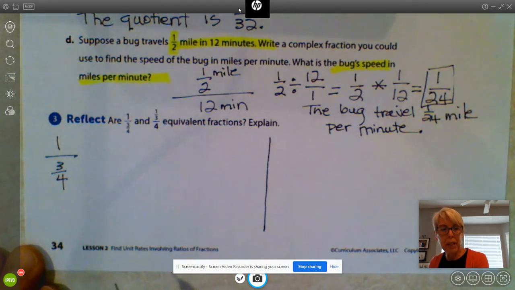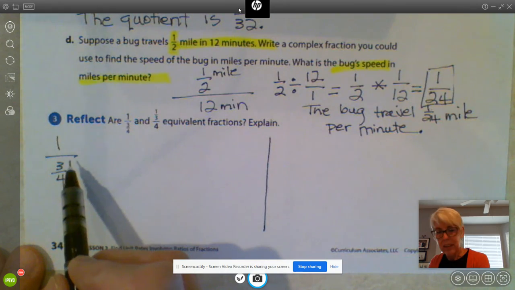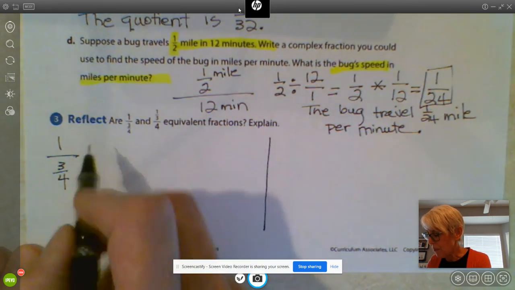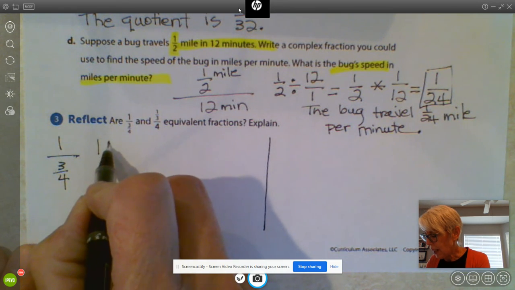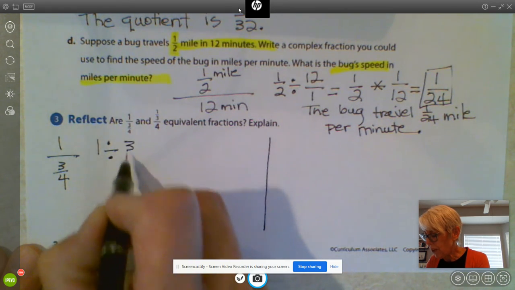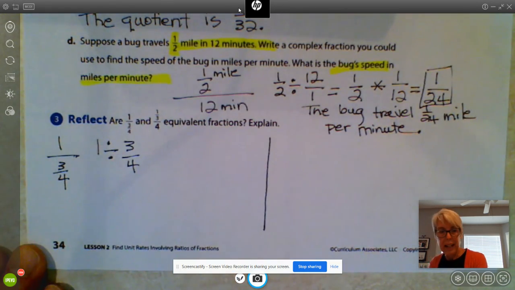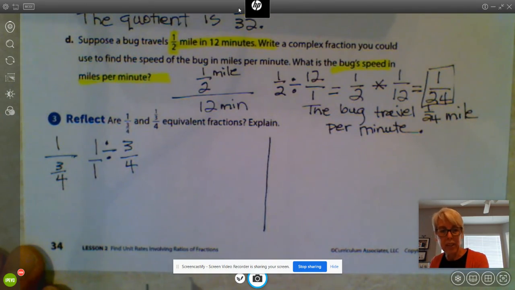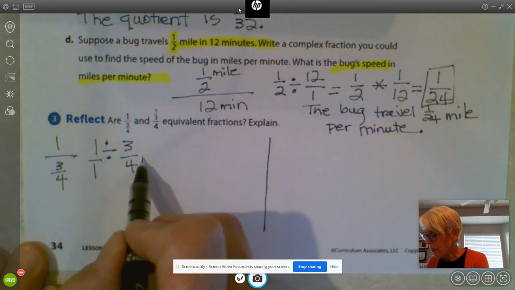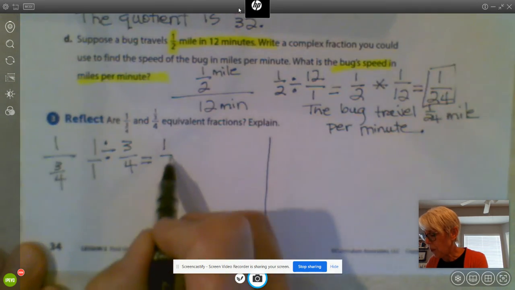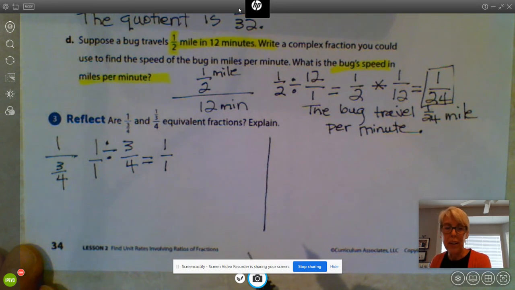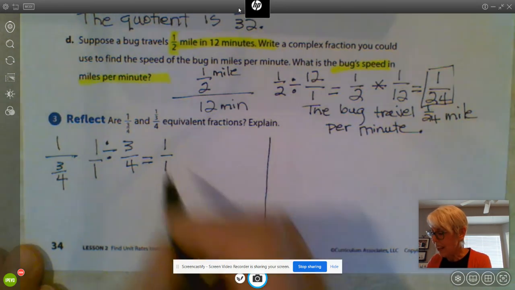Now remember that we can rewrite this substituting a division sign for that fraction bar. So I've got 1 divided by 3/4. And I'm going to make this 1 into a fraction. So 1 over 1 divided by 3/4 is the same as 1 over 1 multiplied by the reciprocal, or 3/4 standing on its head.